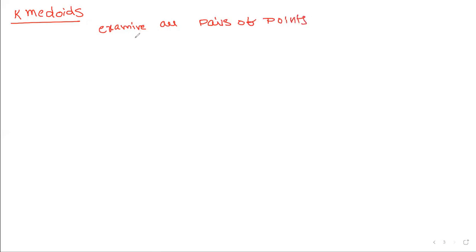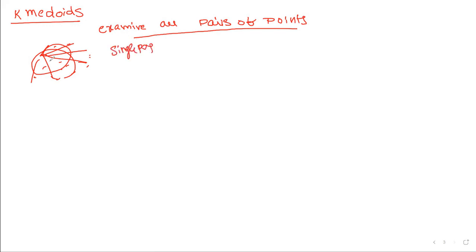For example, these are the points. How to calculate the medoid? This one, this one, this one, this one; all combinations have to be considered. But if you want to calculate the mean, it simply requires a single pass through the points.